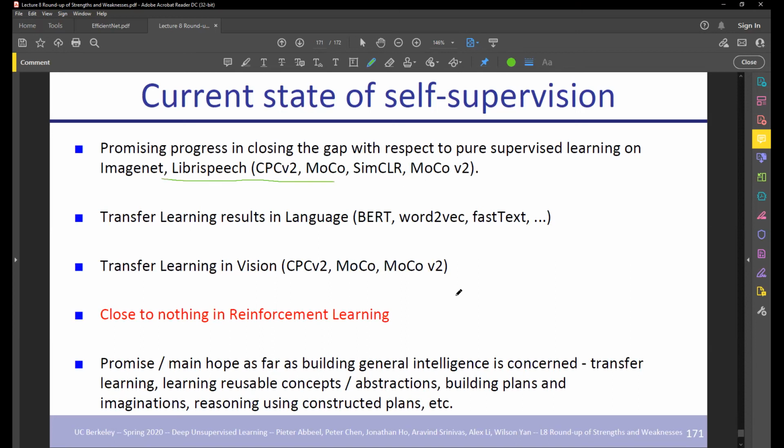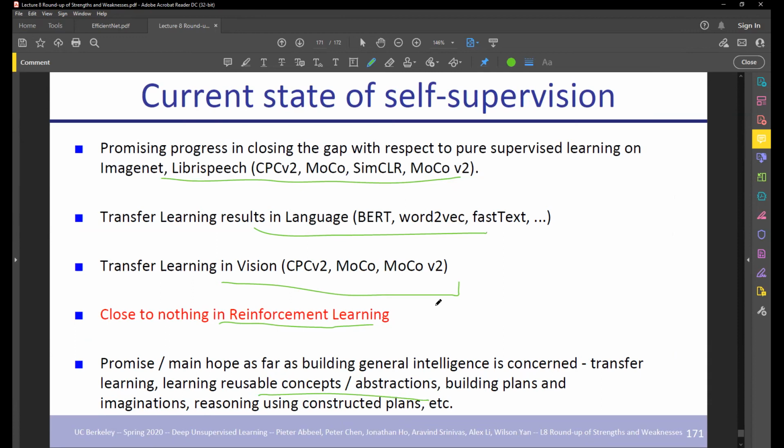So self-supervision, we have had that in the image space for a while, and in text. We have been able to do transfer learning. He says, at least at that time, there was next to nothing, although given the focus of Abbeel's group, I'm sure, and we have a lecture coming up on reinforcement learning. And so this is a big topic, mainly because we need to build this up in order to make progress towards the big challenge which Yann LeCun discussed.